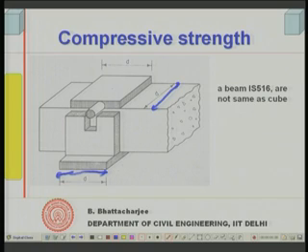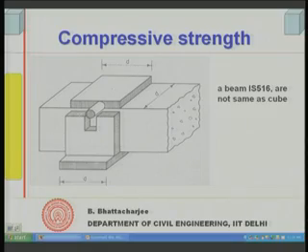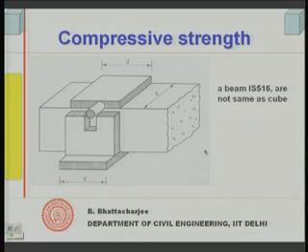This is also part of the standard test, but this is not very common. More common is the cube test, which you utilize for both quality control purposes and judging the potential strength of the mix that has gone into making the concrete.